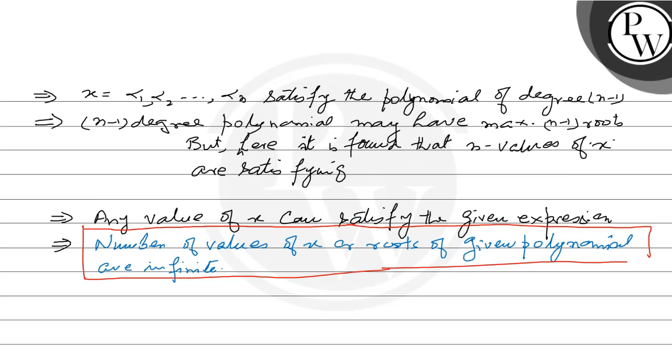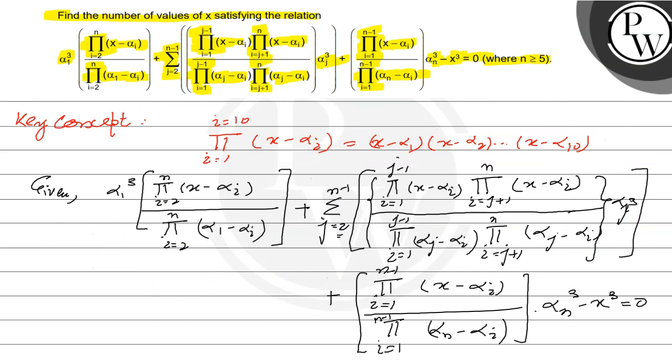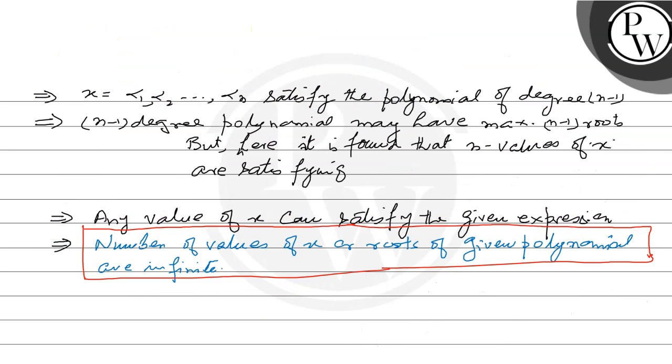So here we have used a key concept, and it is very general, that this symbol is used for the product of the terms in continuation. Likewise, for i equal to 1 to i equal to 10, the product of x minus alpha i can be written as x minus alpha 1, x minus alpha 2, up to x minus alpha 10. And we are getting that the number of values of x satisfying the given polynomial is infinite. Hope you understand it well.